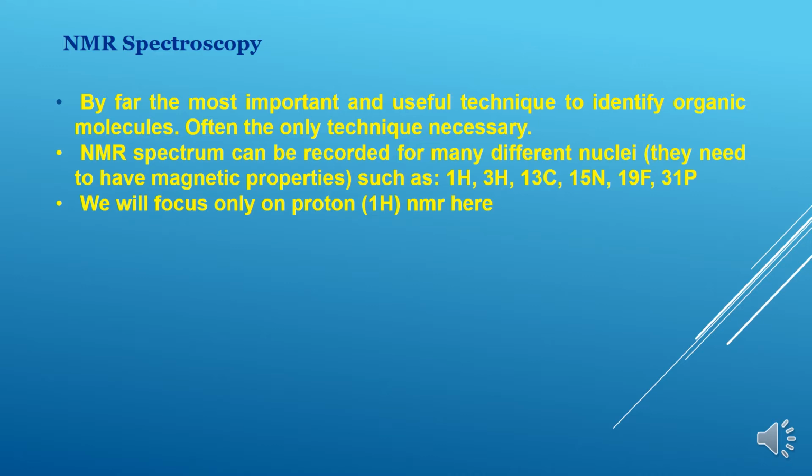So an NMR spectrum can be recorded for many different nuclei, as I told in the introductory slide. They need to have magnetic properties. So what types of atoms exhibit magnetic properties? Nuclei of atoms with an odd number of protons or neutrons usually have permanent dipole moments and quantized nuclear spin states. These are 1H, 3H, 13C, 15N, 19F, and 31P.